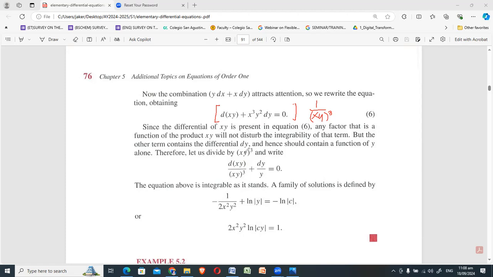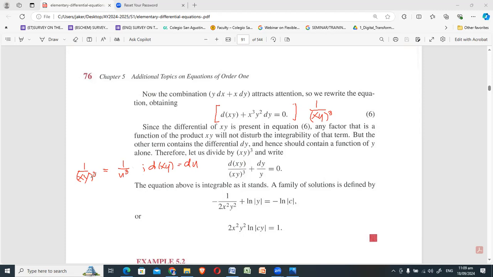Now, question: how did this d of xy over xy raised to 3 become this one? You are to view, class, your 1 over xy quantity raised to 3 as equivalent to 1 over u cubed, and the d of xy is the du. So if you have 1 over u cubed du, using the power rule on this u cubed, that would actually be u raised to negative 3.